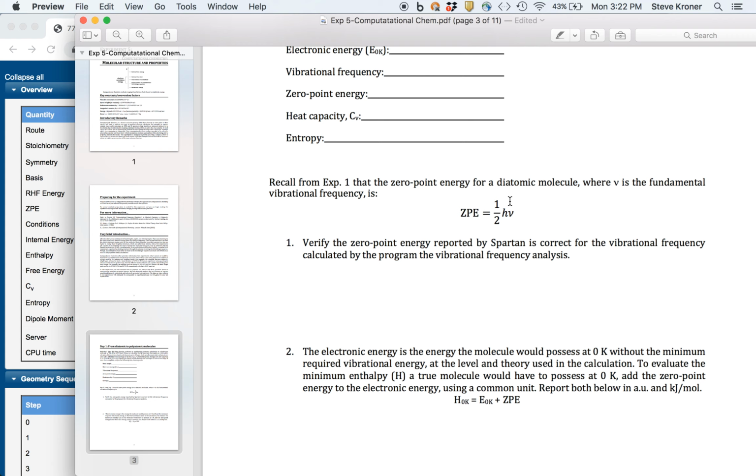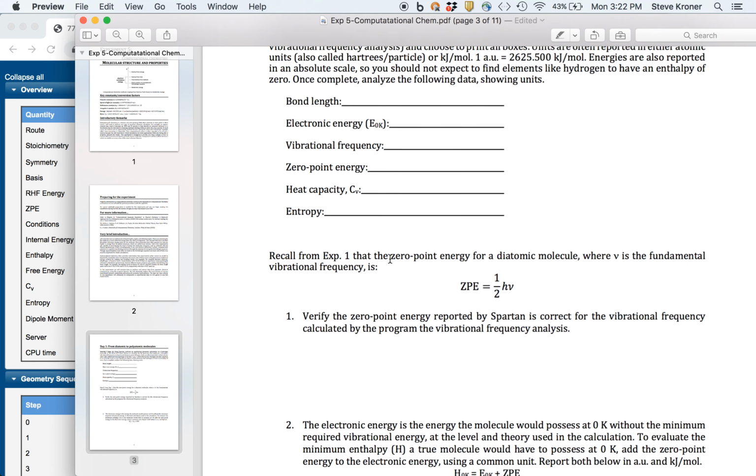So what we want to do is convert our vibrational frequency, because remember, your frequency in wave numbers is really not a frequency, right? It's an inverted wavelength. So use the speed of light to convert that to an inverse second frequency, and then use that with Planck's constant, so 1/2 h nu you see here.